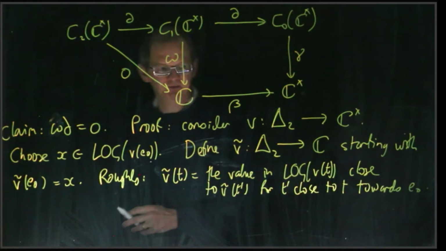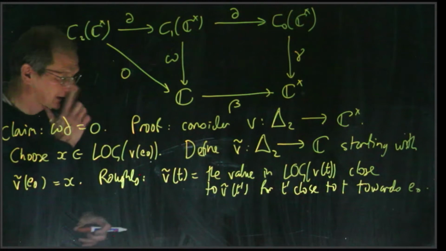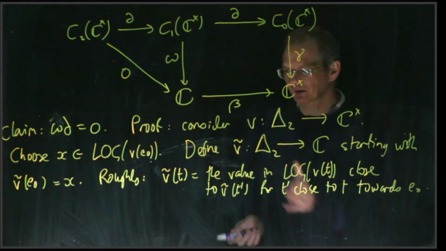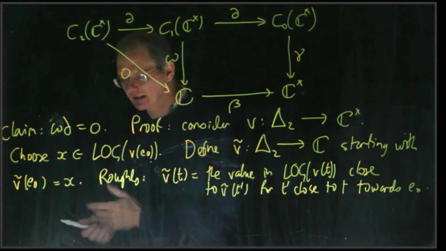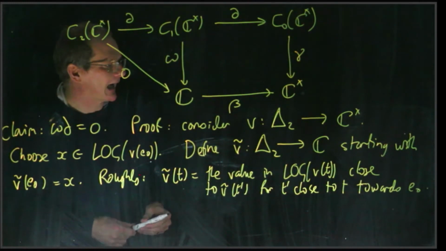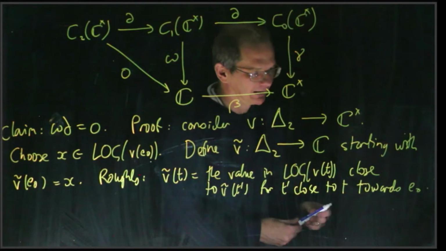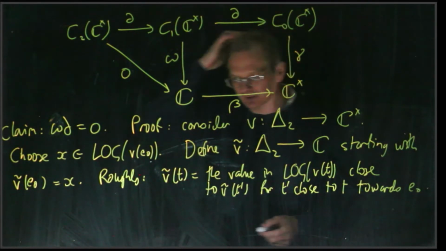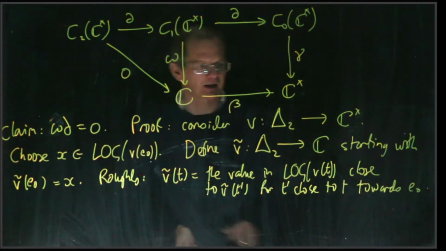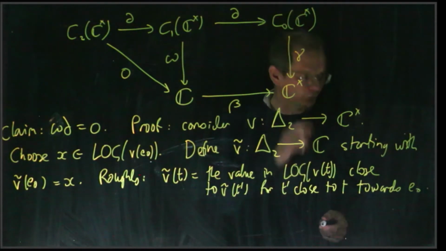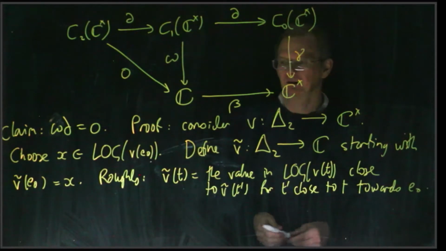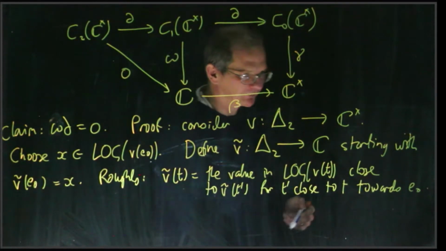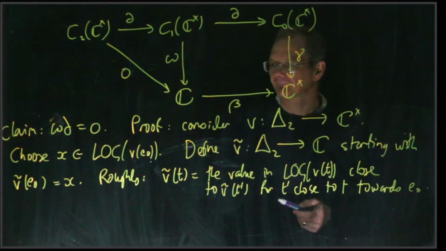So it's more or less the same thing as we did for choosing a continuous logarithm of a path. In the continuous logarithm of a path, you define u tilde of t to be a choice of the logarithm of u of t, and you choose the one that's close to u tilde of t prime when t prime is somewhere slightly to the left, where you've already defined your u tilde. So again, we'll do this more carefully when we come to consider covering spaces.